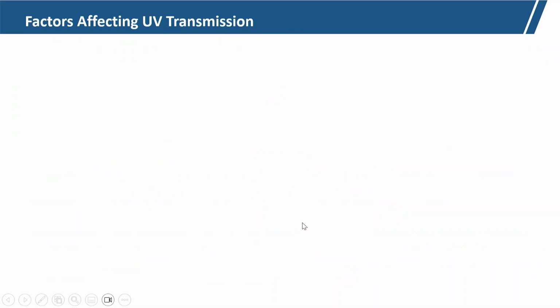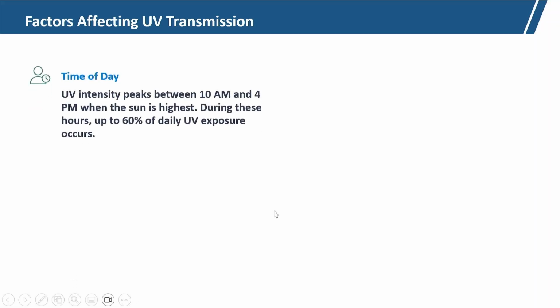Let us see what the different factors are which affect UV transmission. Time of the day: UV intensity peaks between 10 am and 4 pm, which we have discussed, when the sun is at its height, so UV exposure will be more. During these hours, up to 60% of daily UV exposure occurs.